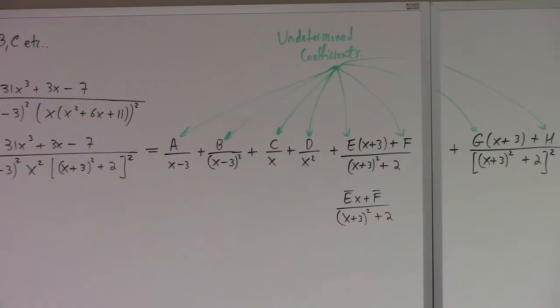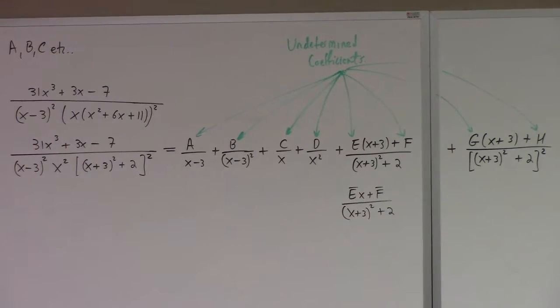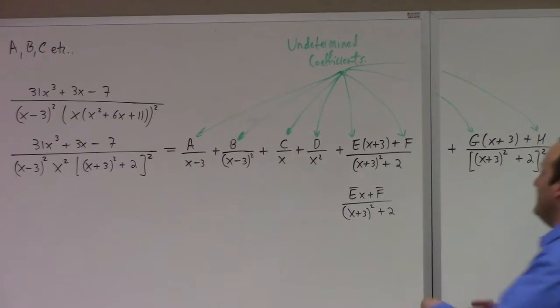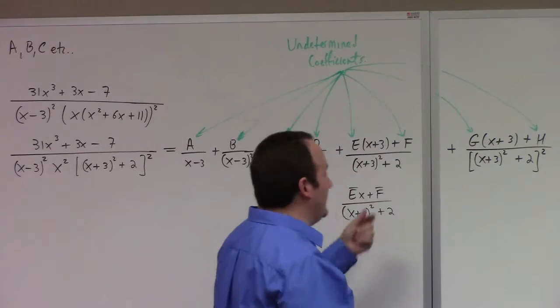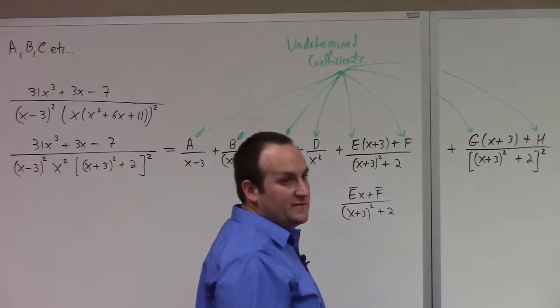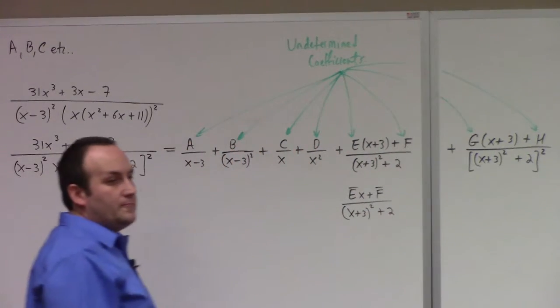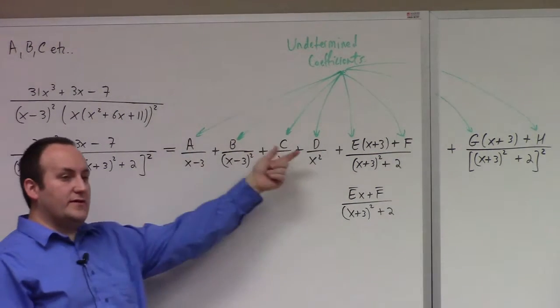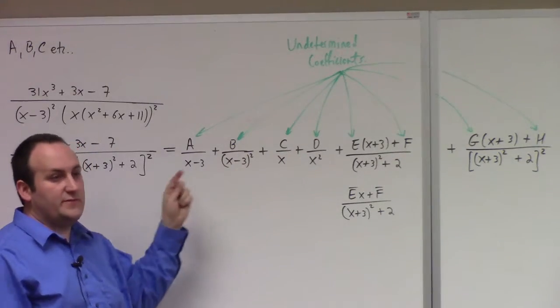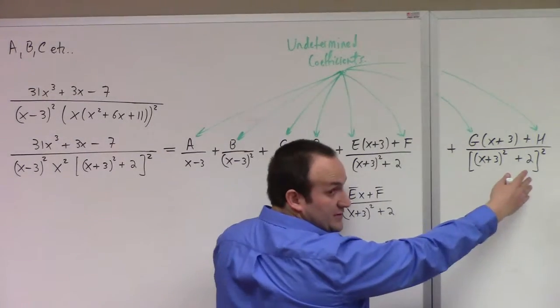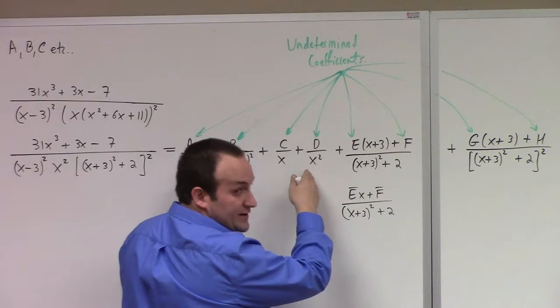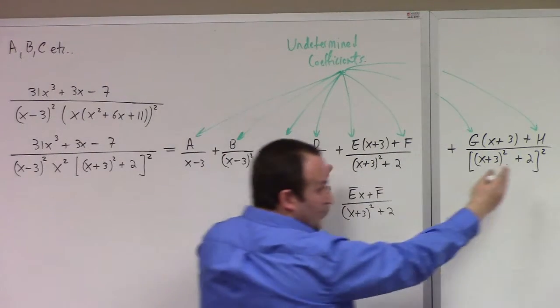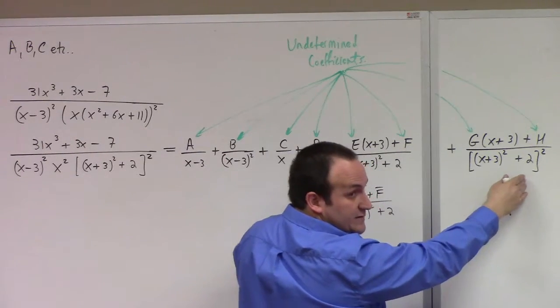Now, it depends on what you're asking. That question you're asking, I don't know what you're really asking. Are you asking, how do I know that it looks like this? Or are you asking, why did I put that x plus 3 there specifically? Oh, okay. The reason that there's an x in the numerator here, that there's not over here, the difference between these terms and those terms is that these are coming from repeated linear factors, whereas these are coming from irreducible quadratic factors.